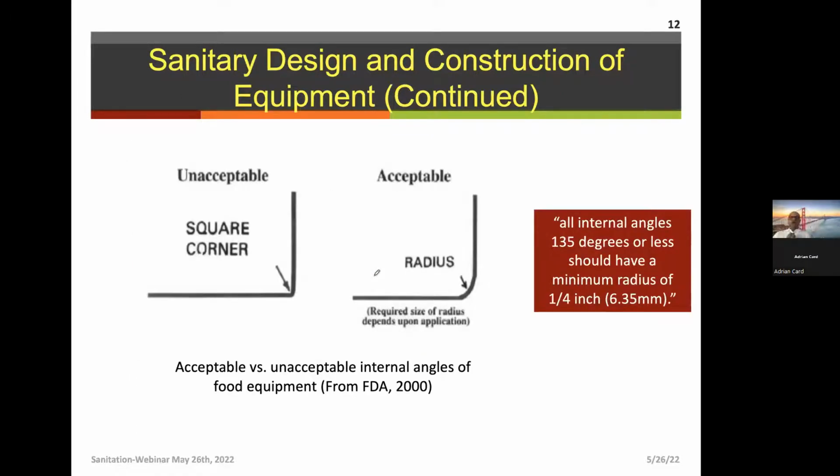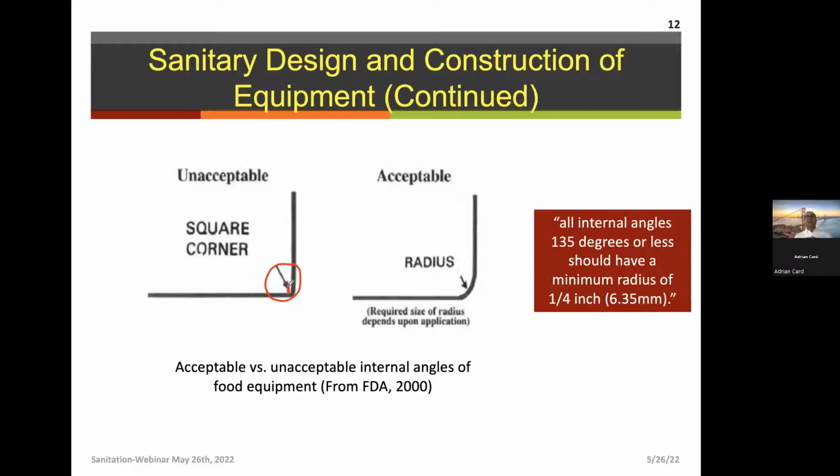Another example that I see all the time is how a wall and the floor connect to each other. In many instances, we see this. If I want to find a microorganism, I go and swab that area. That is where they are all going to be.